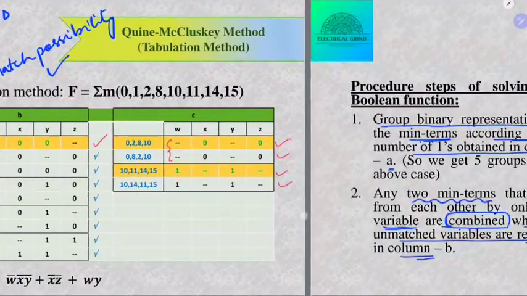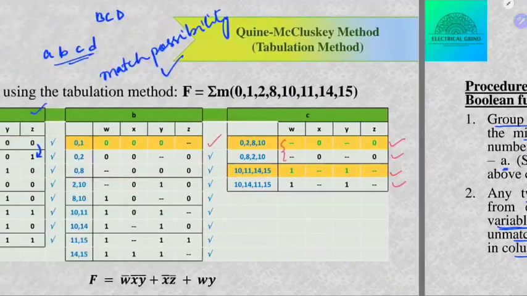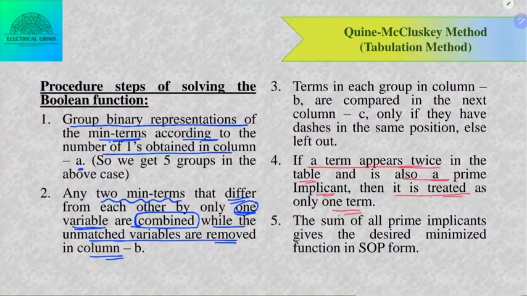Then it is treated as only one term, so we can take either of the two as one term, and we will finally obtain our desired minimized function in the SOP form. Here it is SOP form because we are considering min terms. If we would have considered max terms, it would have been the POS form.